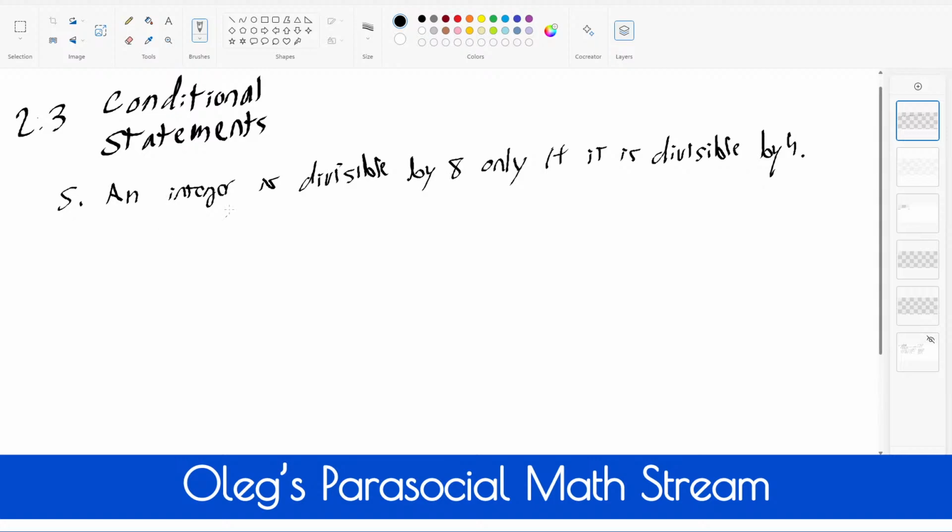Yes. This is P. This is Q. If you can divide it by 8, guaranteed you can divide it by 4. But if you can divide it by 4, you're not guaranteed to divide it by 8, like 4. If you divide 4 by 4, that gives you 1. Whole numbers, when we say we could divide it, we're not talking about fractions here.